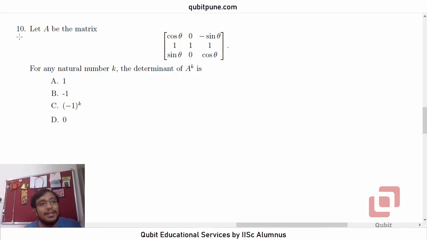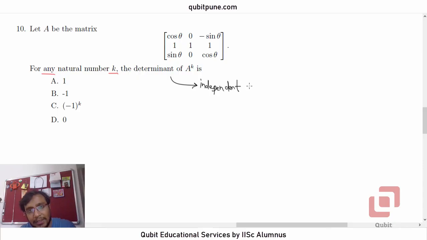Question 10. Let A be the matrix with rows cos theta, 0, negative sin theta; 1, 1, 1; sin theta, 0, cos theta. For any natural number k, the determinant of A to the power k is 1, negative 1 raised to k, and 0. To solve this problem, we are going to make use of the fact that the determinant's value is independent of theta, correct?